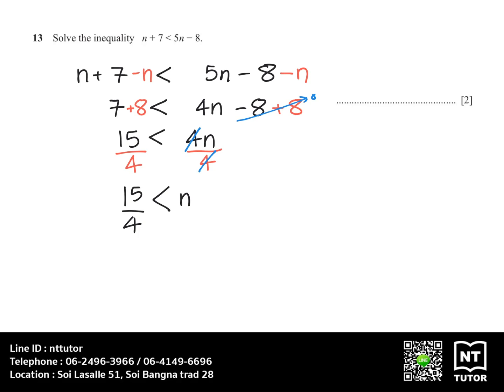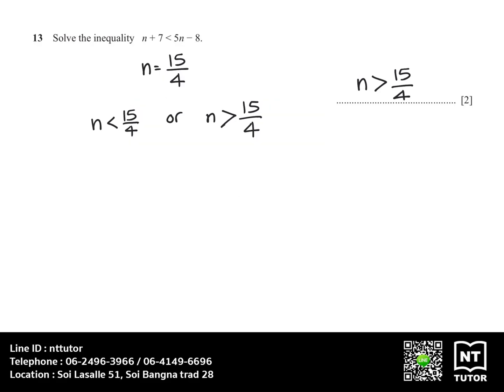So this is basically 15 over 4 is less than n, or we can rewrite it as n is greater than 15 over 4. So the inequality we are looking for is n is bigger than 15 over 4.